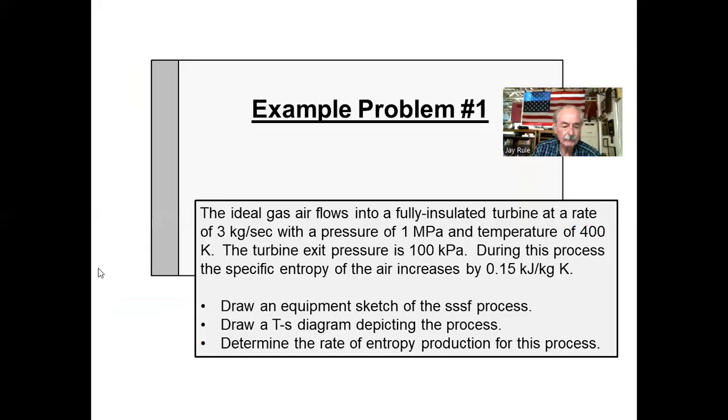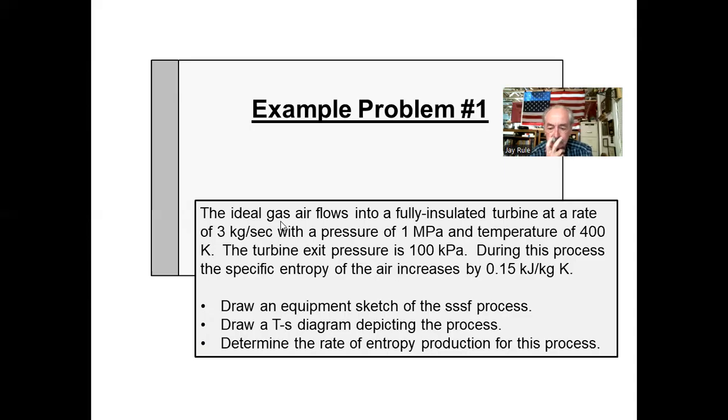Let's do a numerical problem real quick to illustrate a numerical evaluation. It says, ideal gas air is flowing into a fully insulated turbine. Fully insulated turbine. Oh, yeah, right. Okay. At a rate of 3 kilograms per second, that's m dot, with a pressure of 1 megapascal and a temperature of 400 degrees K. The turbine exit pressure is 100 kPa.